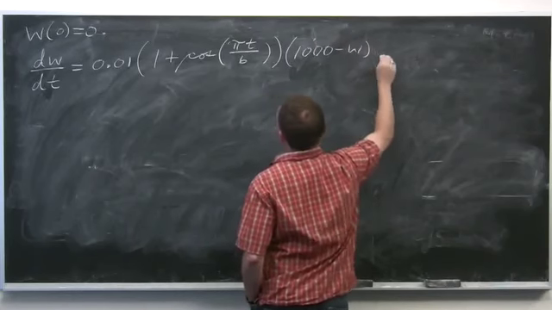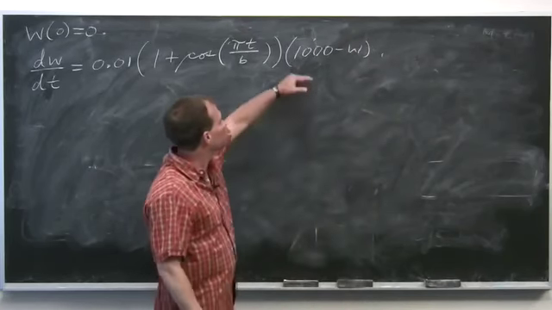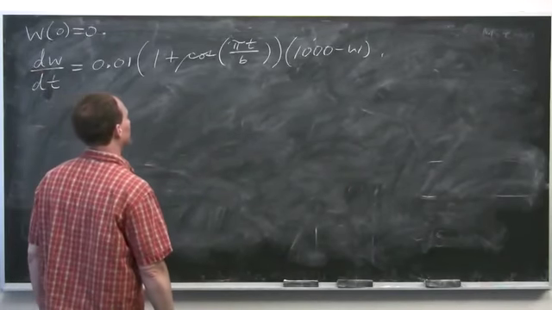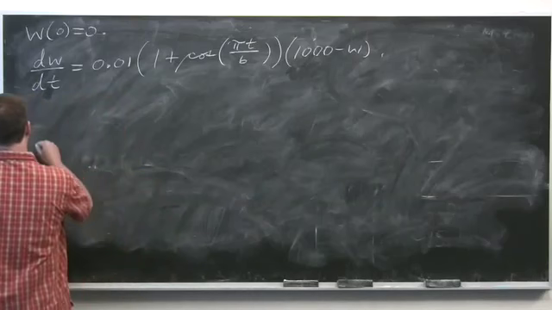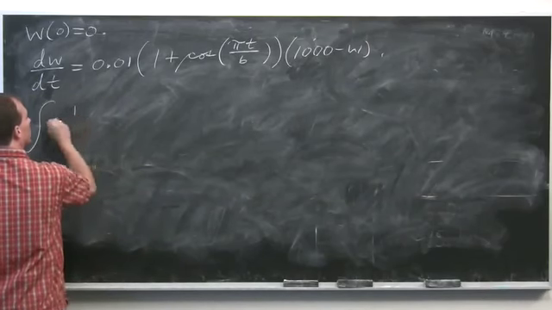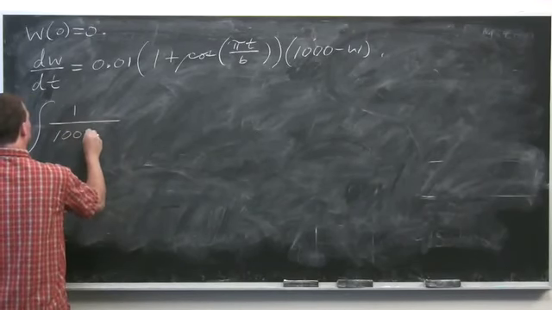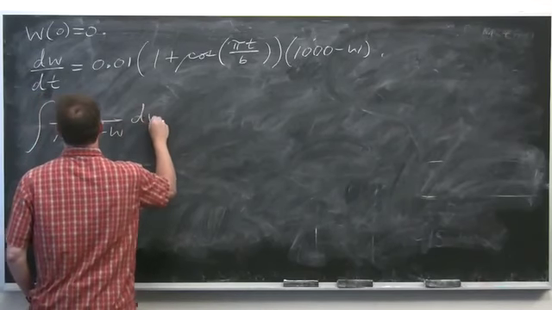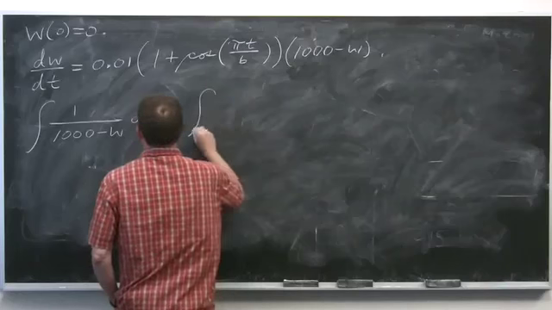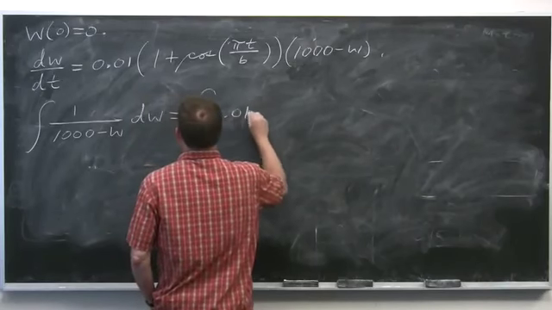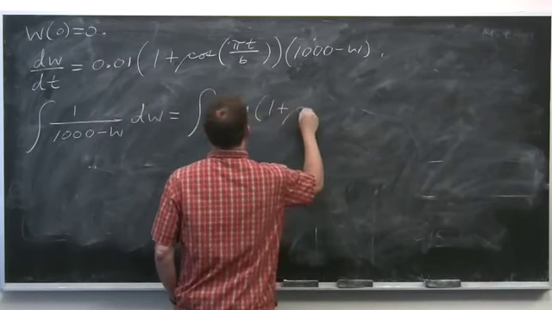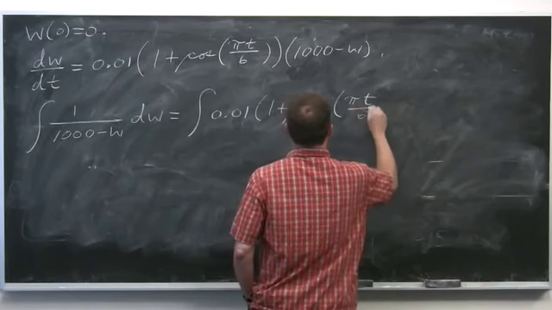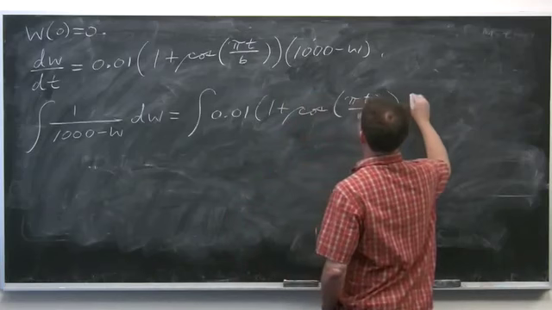You divide both sides by 1,000 minus w, you multiply both sides by dt, and you integrate. So we do that. We get the integral of 1 over 1,000 minus w dw equals the integral of 0.01 times 1 plus the cosine of pi t over 6 dt.